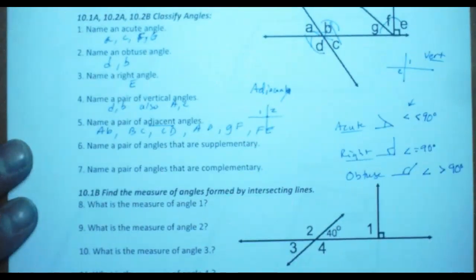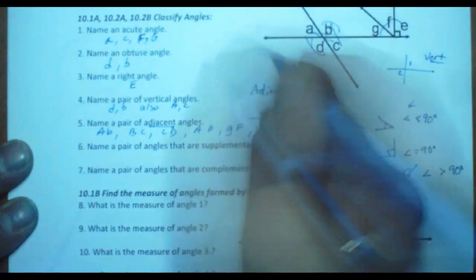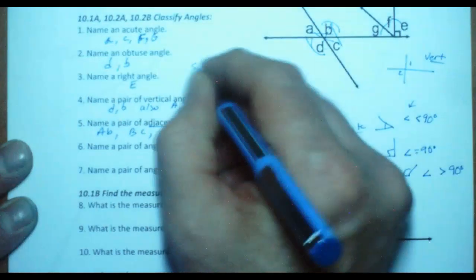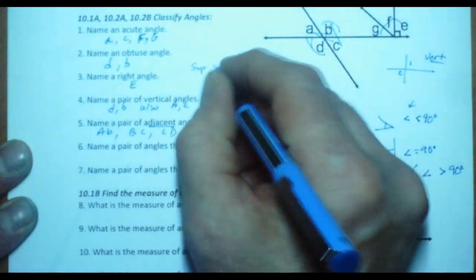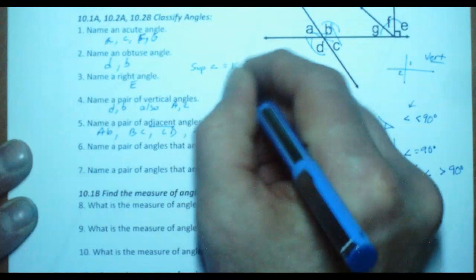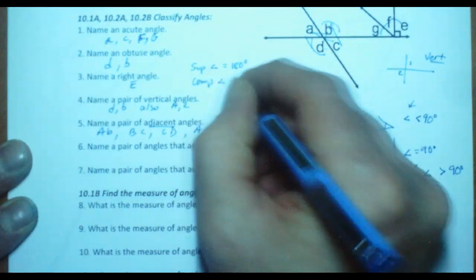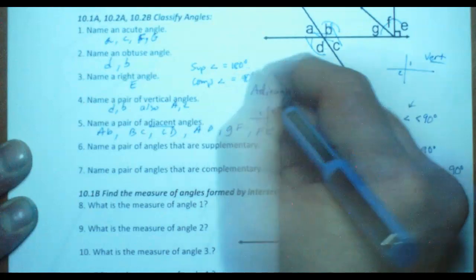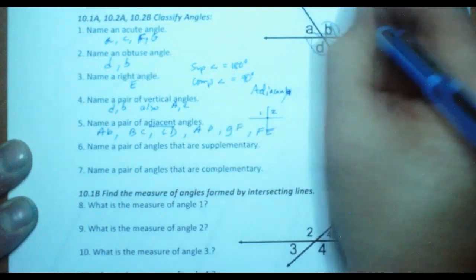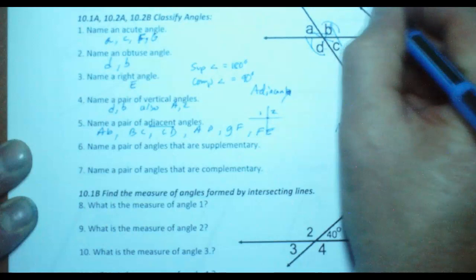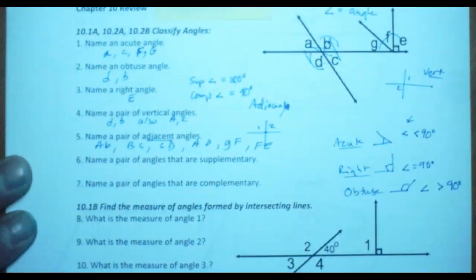So name a pair of angles that are supplementary. I'm running out of room here for my little ones here. So supplementary angles equal 180 degrees, and complementary angles equal 90 degrees. Again, this little symbol here, this is the angle. It means angle. Slide that down so you can see that equal angle.